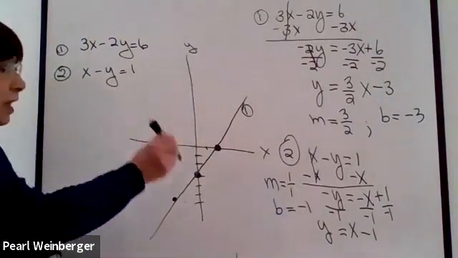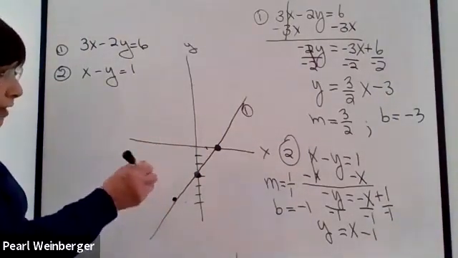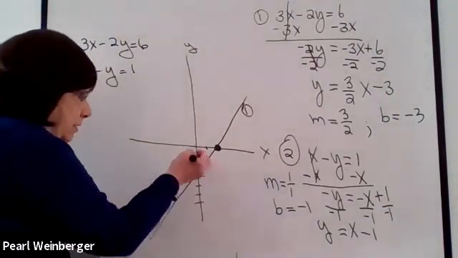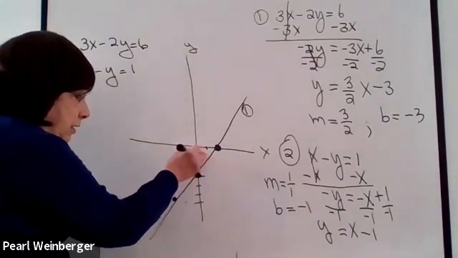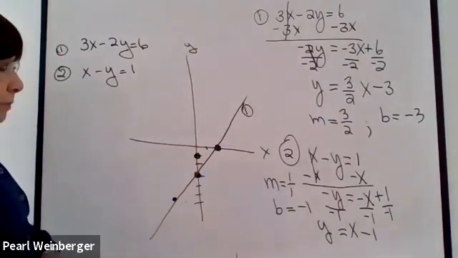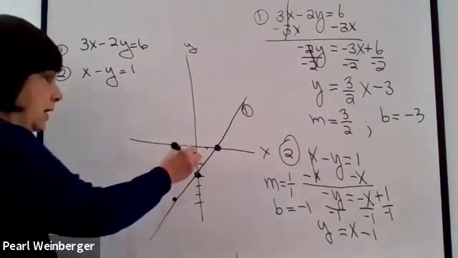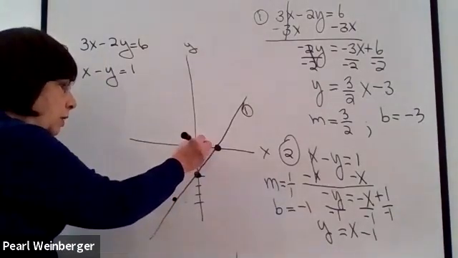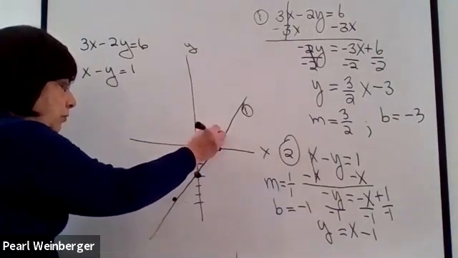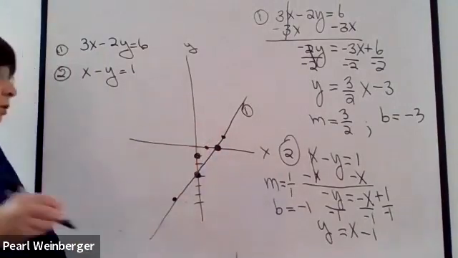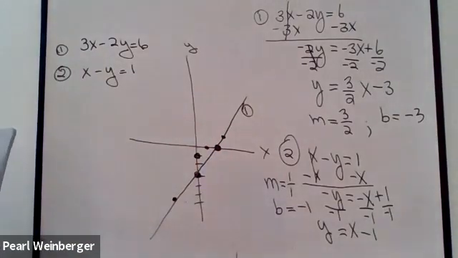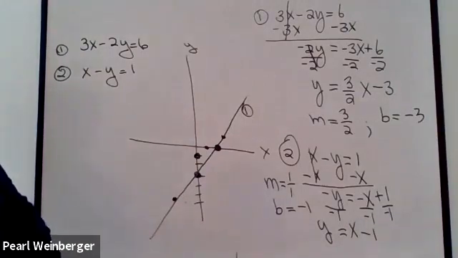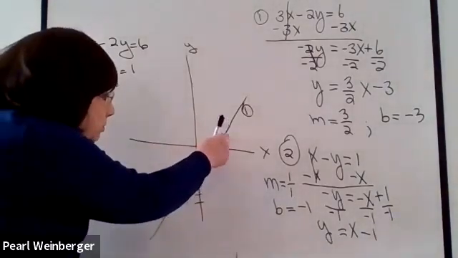So for line 2, I have to start at the b being -1, which is right here. And my slope is 1, which means I go up 1 over 1, up 1 over 1. Let me see.